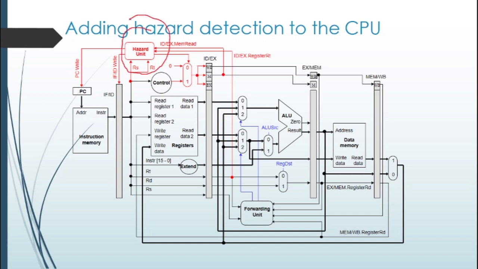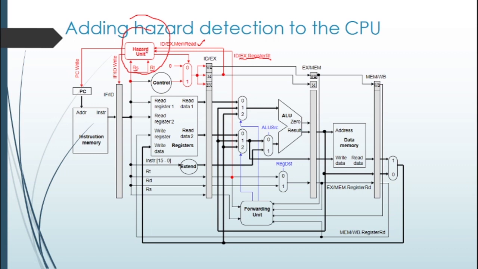You can see there are a few inputs here. The inputs are the ID/EX memory read signal, which checks if the previous instruction is a load instruction, and the previous instruction's destination RT. If the previous instruction's destination RT is the same as the current instruction's RS or RT, it means that it's a case of hazard.